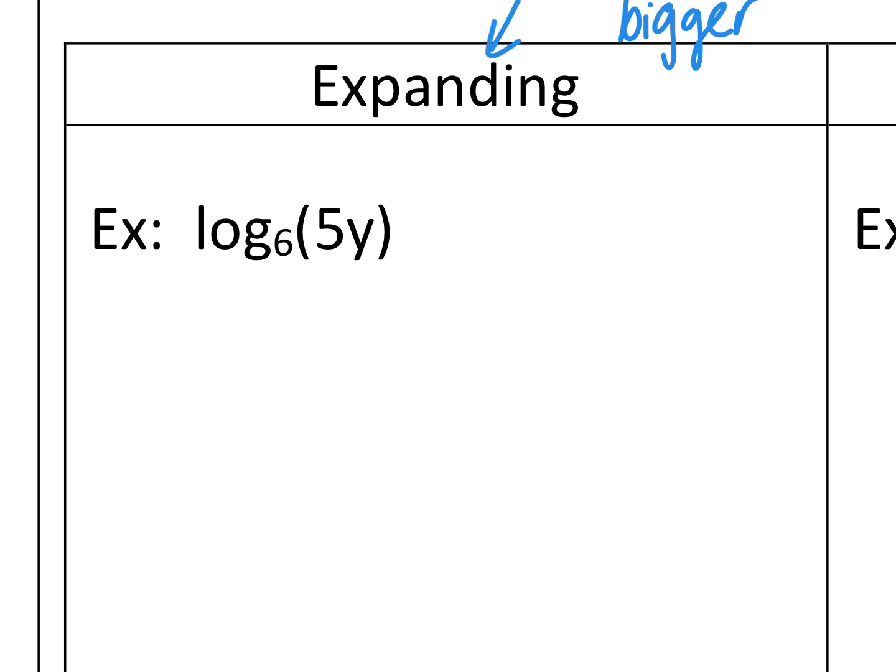And multiplication is going to get split up with addition. So how that's going to look is log base 6 is going to stay. That's going to be my base for this whole problem. Log base 6 of 5 plus log base 6 of y is how I would split that up.